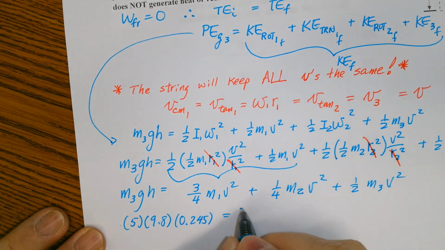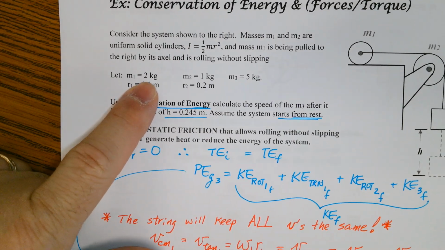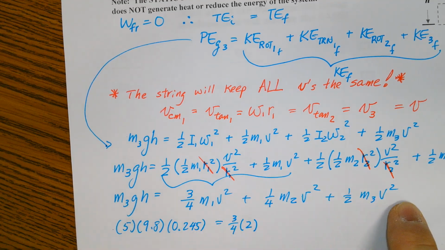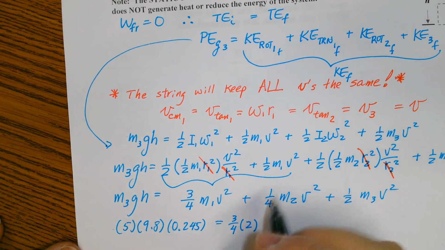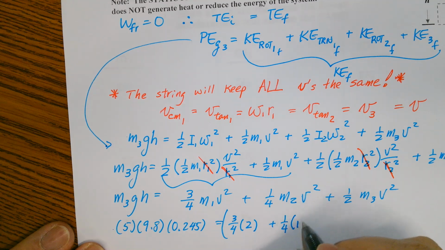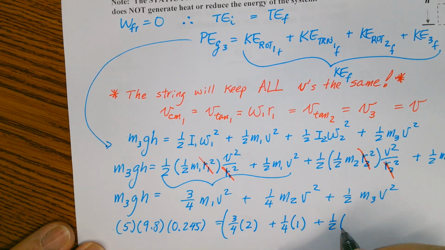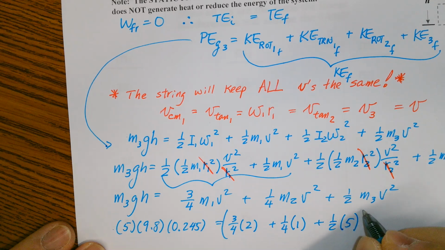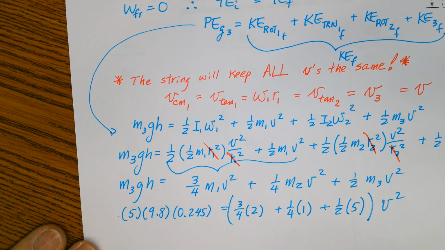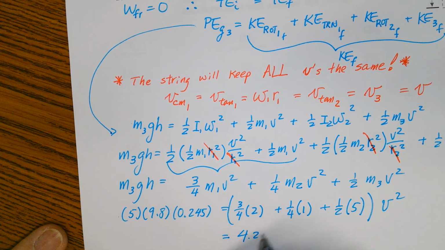Is equal to 3/4 times M1, which is 2 kilograms. Let's factor out the V squared. Plus 1/4 M2, which is 1 kilogram, plus 1/2 times M3, which is 5, V squared. So if you add all these up, on this side, you're going to get 4.25 V squared.